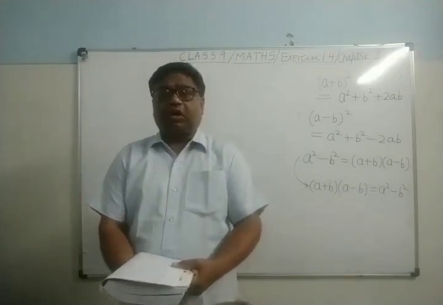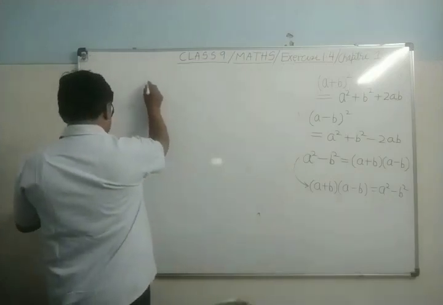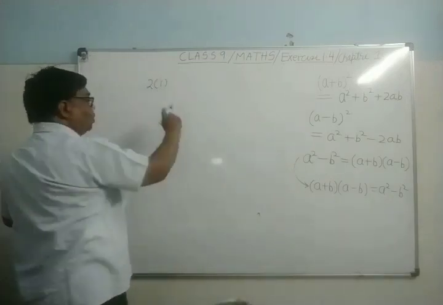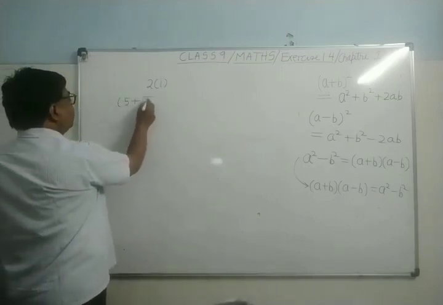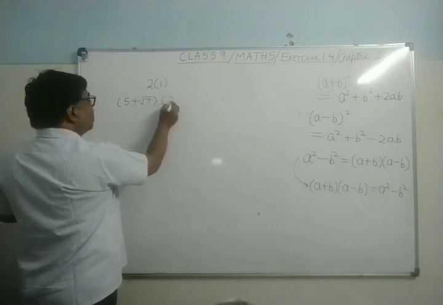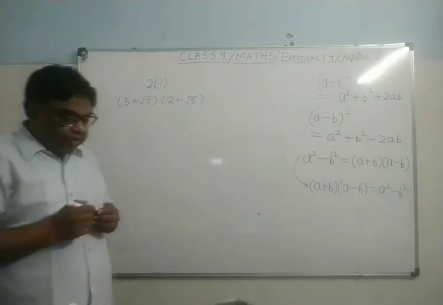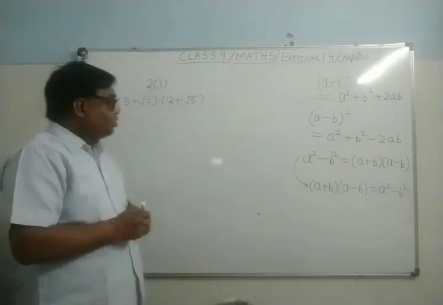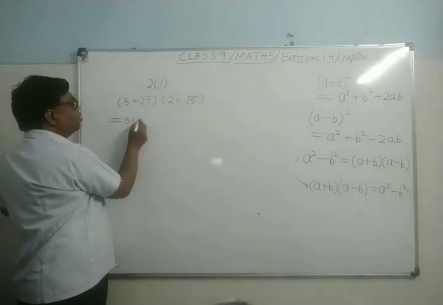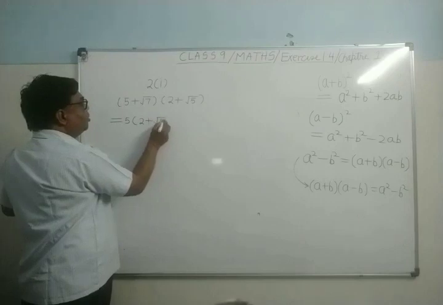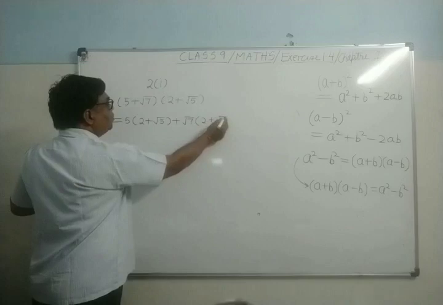So first part of the second question. Though it is not based on that formula, it is 5 plus root 7 into 2 plus root 5. How will you simplify it? You can write 5 multiplied by this bracket, 2 plus root 5, then root 7 multiplied by 2 plus root 5.